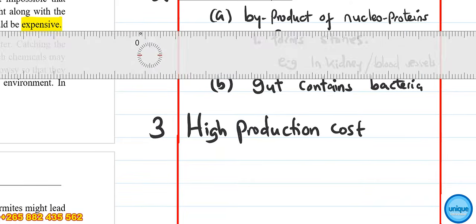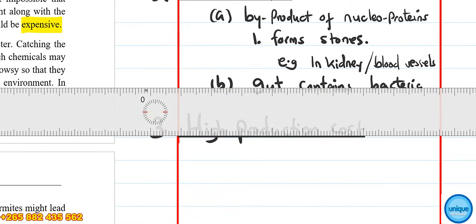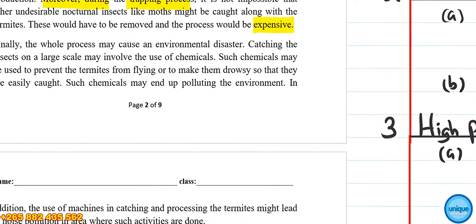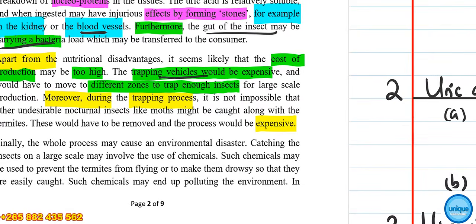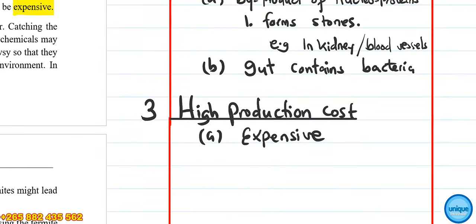Don't forget to underline after writing the main point. For the supporting point saying it's expensive, make sure it stays in line with the other paragraph. What is expensive there? Maybe the trapping vehicles, moving in different zones, and the trapping process. So let's write as 1: trapping vehicles.